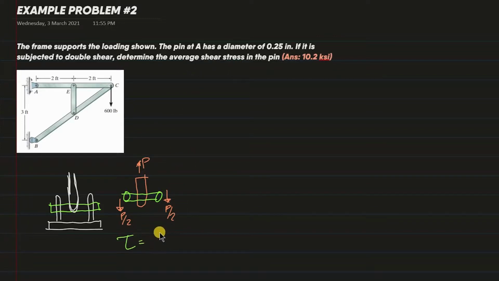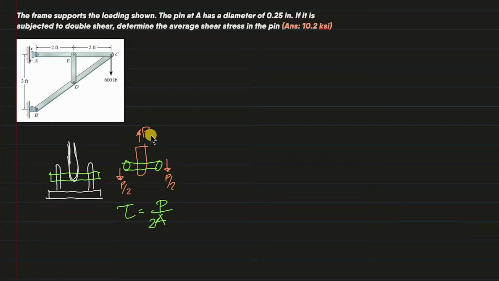Kasi shear stress is equal to P over area. And since this is in double shear, this is 2A, diba? Huwag natin kakalimutan yan. Kapag double shear, double din yung area. Okay. So, we need to solve for this value of P. Para ma-solve natin yung value ng P, we need to find the support reactions dito sa A. Kasi yung support reactions sa A is equal yun sa P, diba?